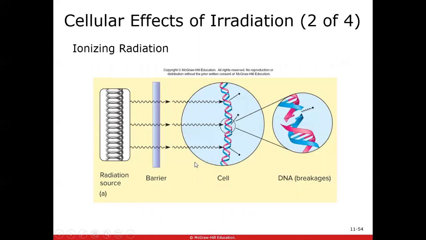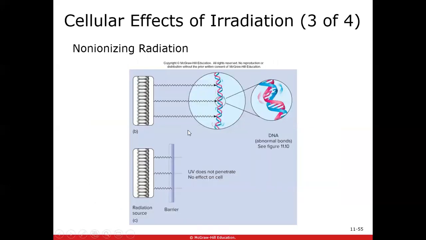So this is ionizing radiation. This is a radiation source, and even if there's a barrier, it can actually go through most barriers and hit the cell, and inside the cell, in the nucleus, it gets to the nucleic acids, and it will break parts of the DNA or RNA.